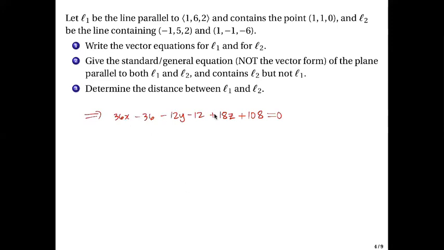And then we just add these constants here. You have minus 36 minus 12 plus 108. We'll get 60. So we will have 36x minus 12y plus 18z plus 60. This is equal to 0.